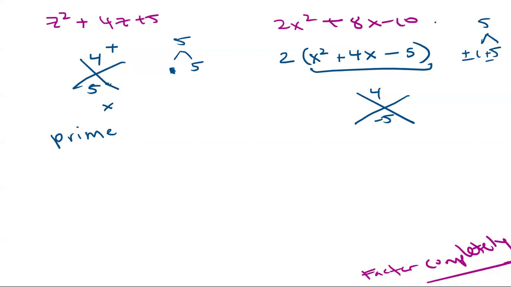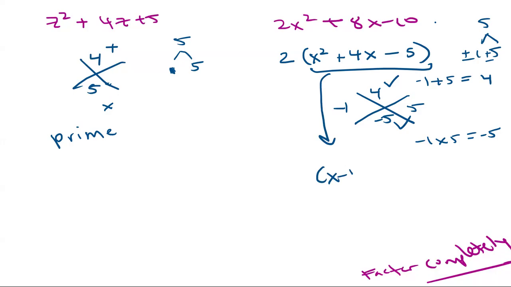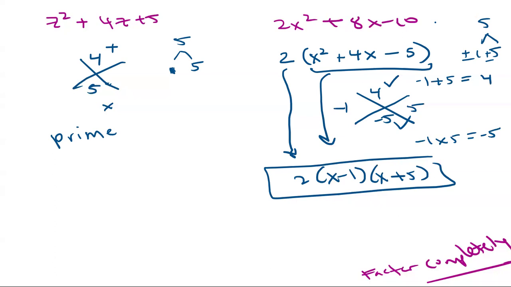Exactly, negative 1 and positive 5. Negative 1 plus 5 is going to give me 4, check. And negative 1 times 5 is negative 5, check. So that's how we verify. When we bring this down, that's going to be x minus 1 and then x plus 5. And don't forget the 2 in the front. So this would be in factored form.